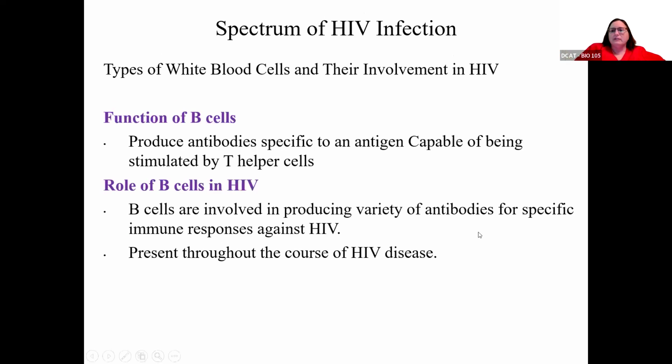So then we have the function of the B cells. They produce antibodies specific to an antigen, capable of being stimulated by the T helper cells.